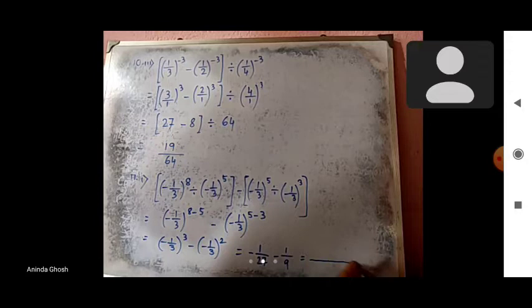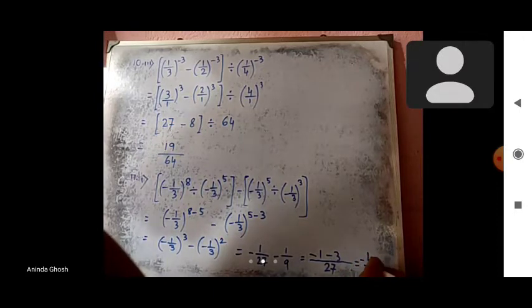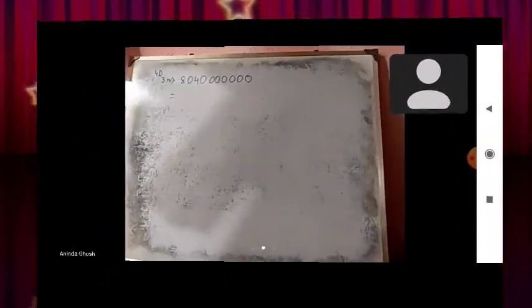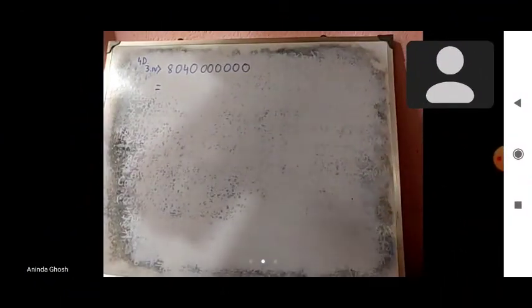So plus 1 upon 9. So these two are fractions, so taking LCM 27, we get our answer minus 1 minus 3, so minus 4 upon 27 is my answer.